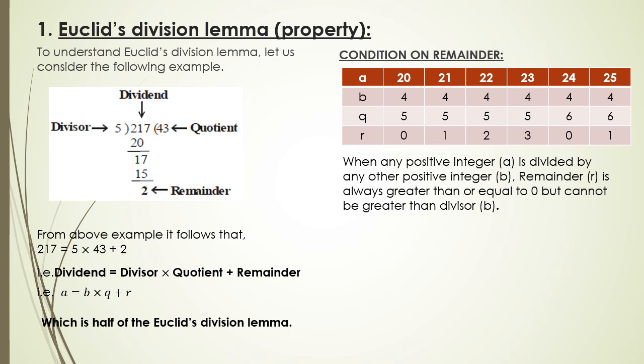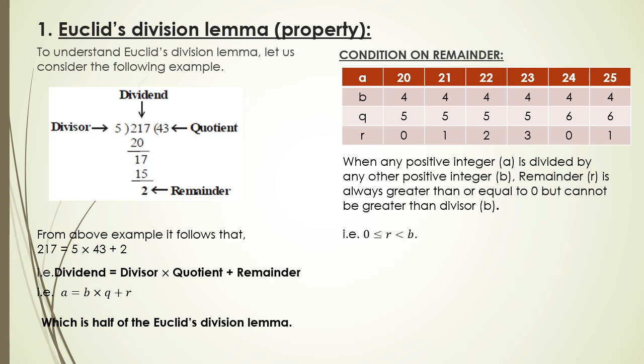Now, from the above example, we can understand that when any positive integer a is divided by some other positive integer b, the remainder r is always greater than or equal to 0, but it cannot be greater than or equal to the divisor b. That is, the lowest possible value of remainder is 0 and the highest possible value of remainder is 1 less than the divisor.